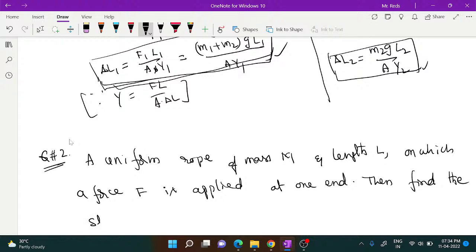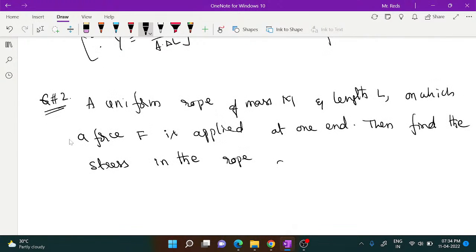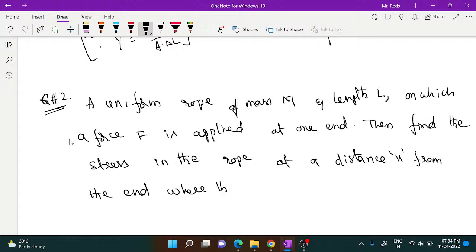Find the stress in the rope at a distance x from the end where force is applied.